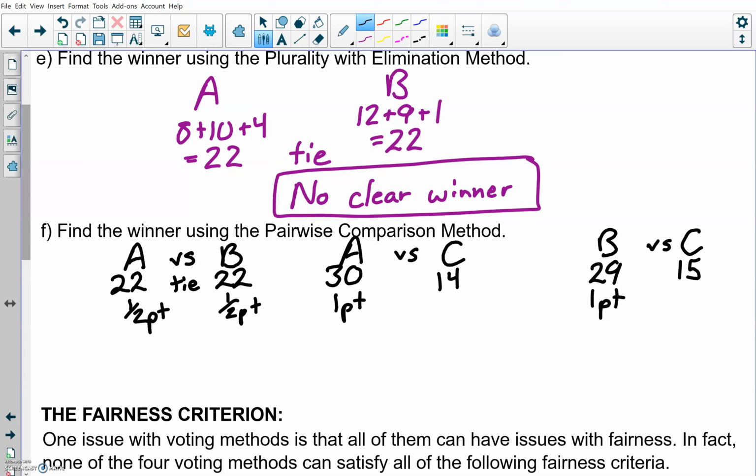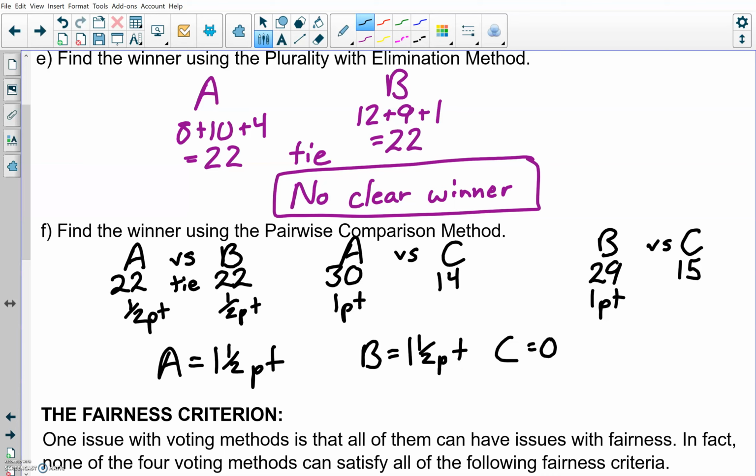Let's add them up for A. A gets 1.5 points. B also gets 1.5 points. C has 0. And we have another tie. And it's okay. We just need tiebreakers. But for this class, we're not going to really go deep into the tie-breaking world. And we will get no clear winner.